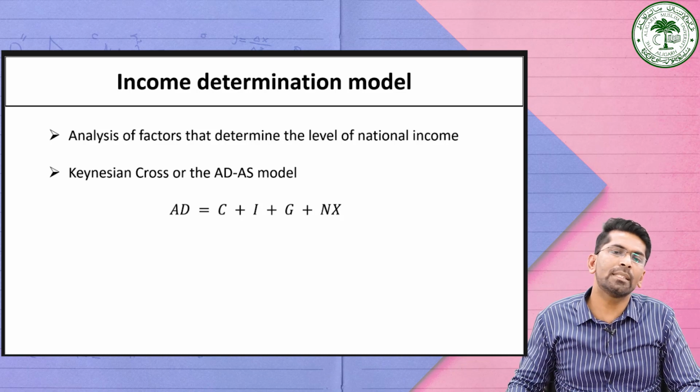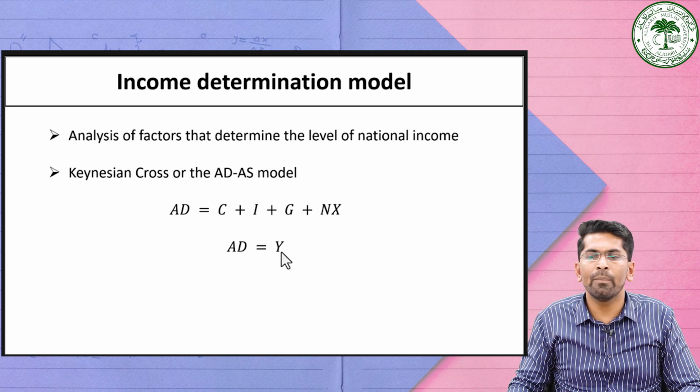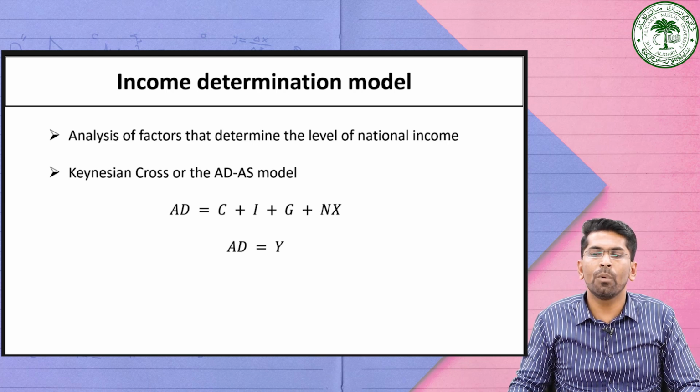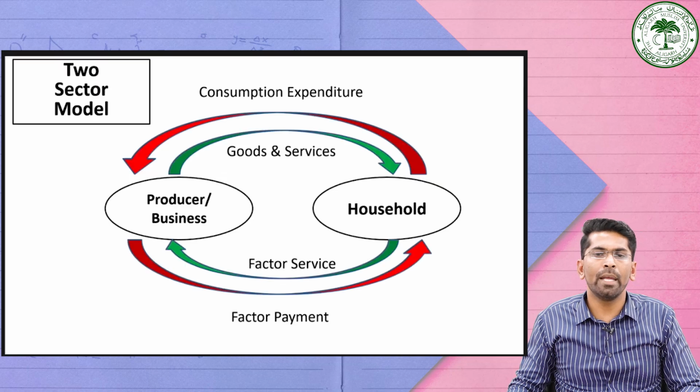We have C plus I plus G plus NX. That means we have consumption, investment, government expenditure, and net export as well. Therefore, aggregate demand is equal to aggregate income, because the sum of consumption plus investment, government spending and net export is equal to total income. So aggregate demand is equal to aggregate supply as well.